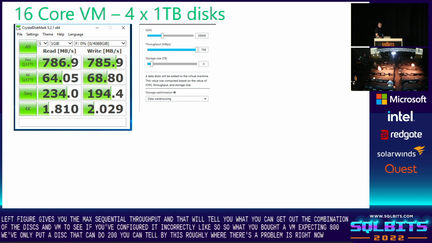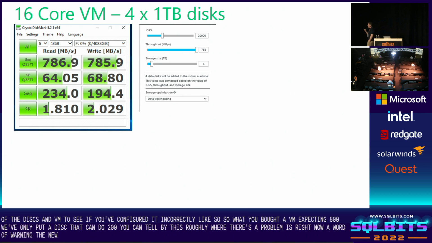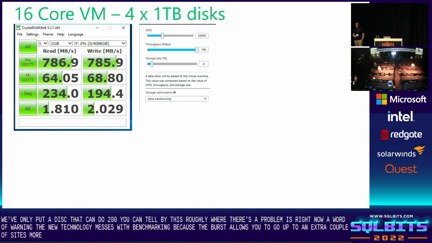Now, a word of warning, the new burst technology messes with benchmarking, because the burst allows you to go up to an extra couple of hundred megabytes more than you're capable of. So what we do when we're benchmarking it is turn off the burst functionality at the disk level.